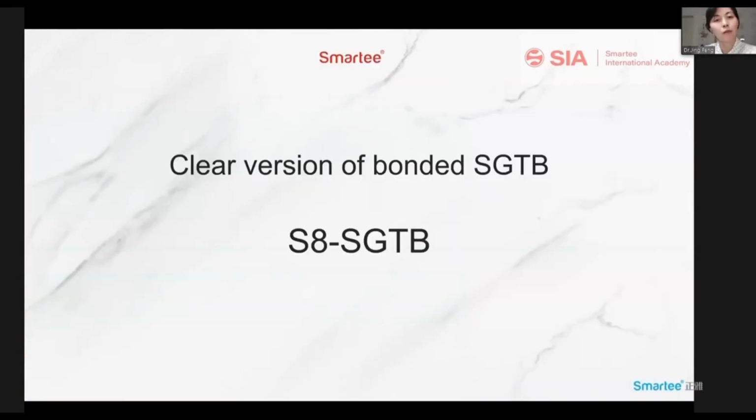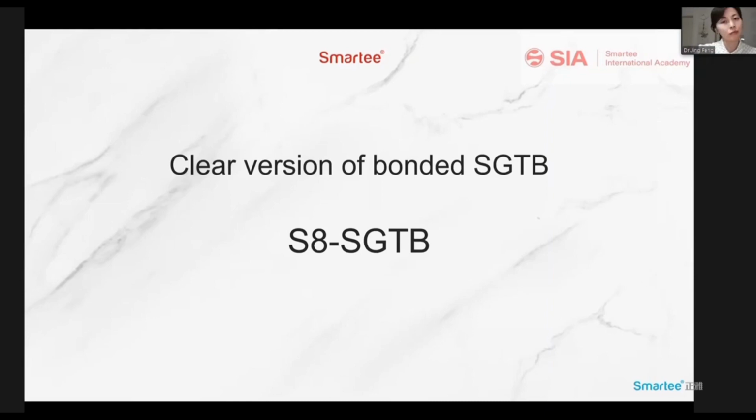And why we developed the clear version of bonded SGTB, the S8 SGTB, is because the bonded one is so bulky and not very easy to clean.